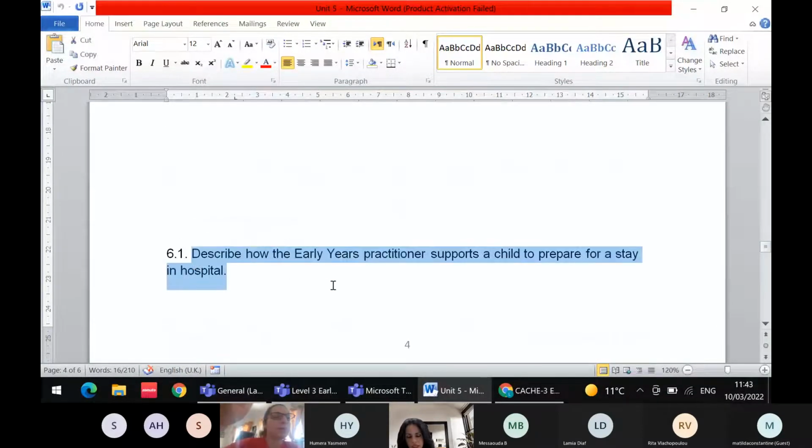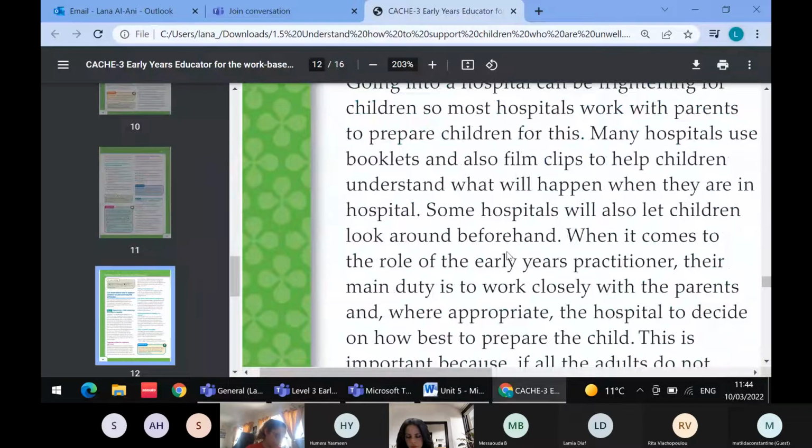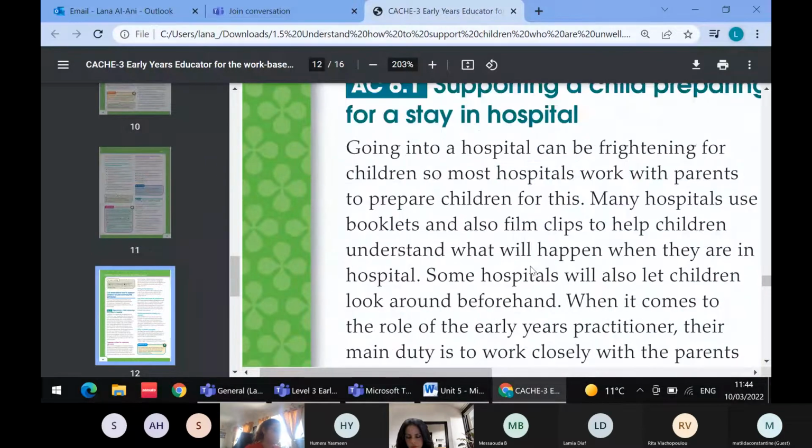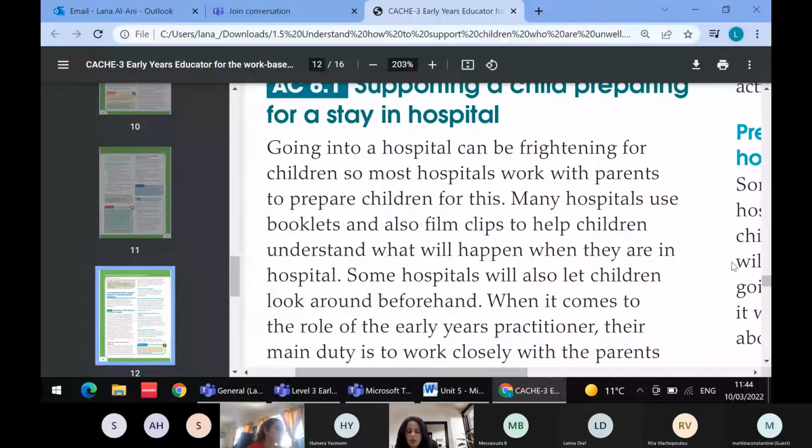Describe how the early years practitioner supports a child to prepare for staying in hospital. How would you support the child to stay in hospital? Obviously, you know that going to hospital is very frightening for any child.